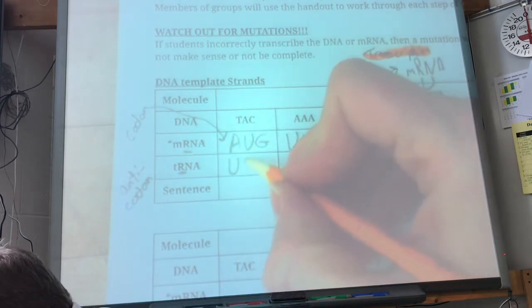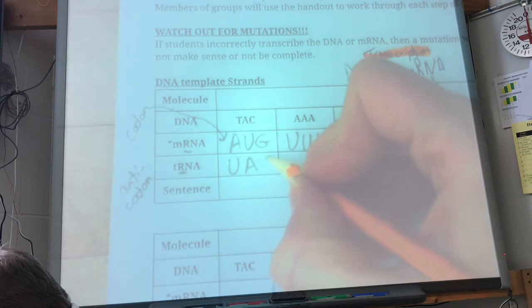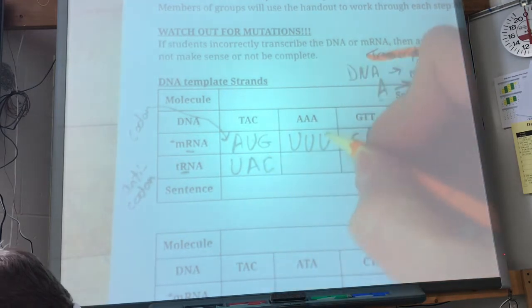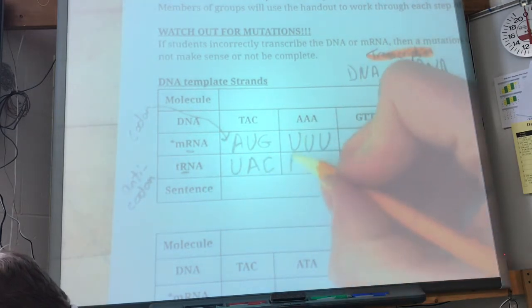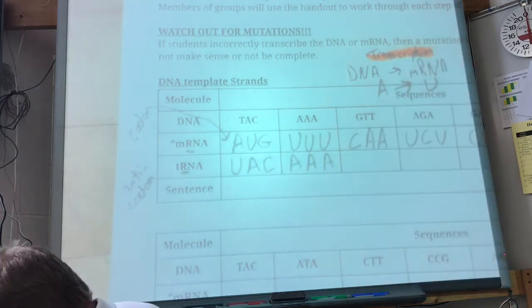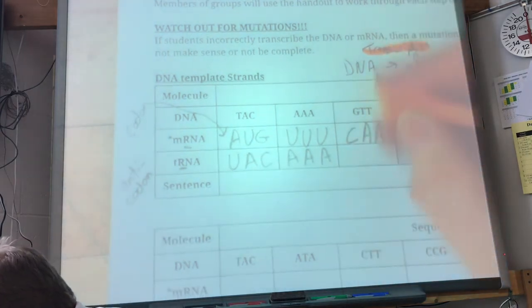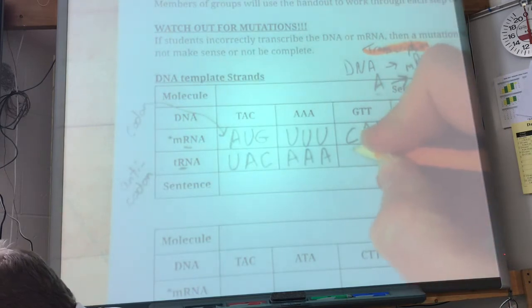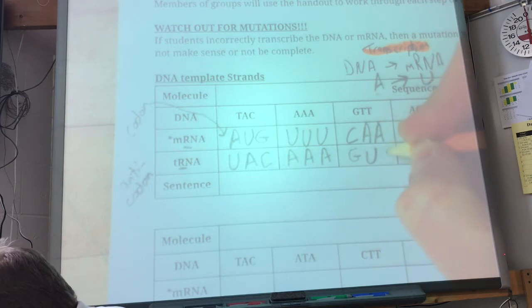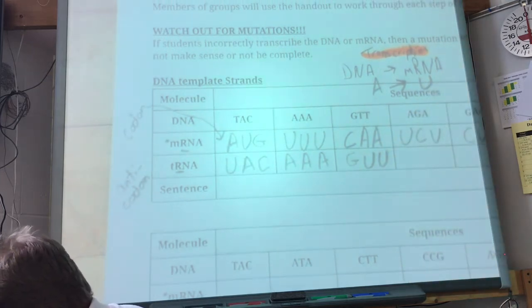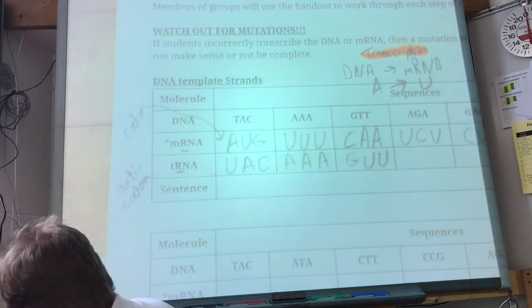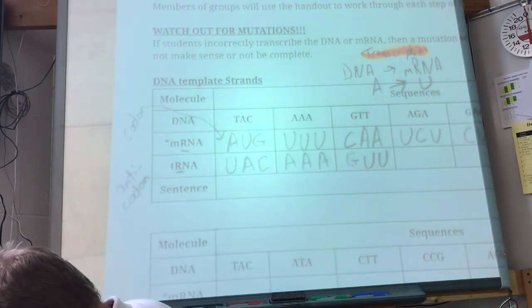For every U, there's an A, and for every G, there's a C. For every C, there's a G, for every A, there's a U. Try the next three. We'll just double check it before I let you do the last 9.